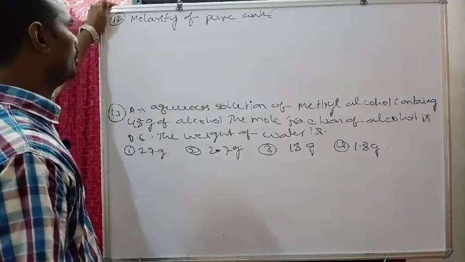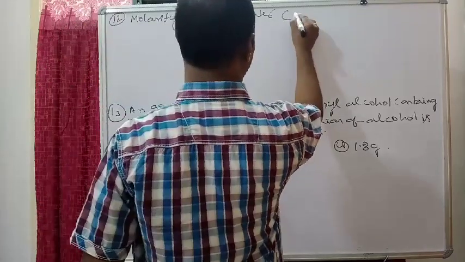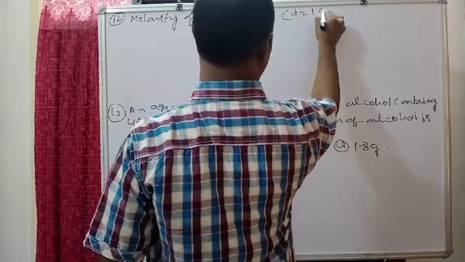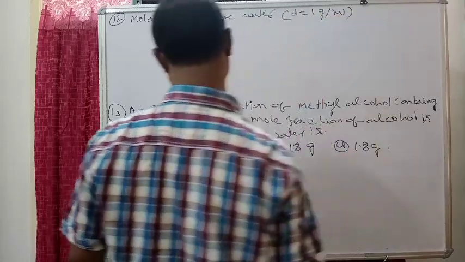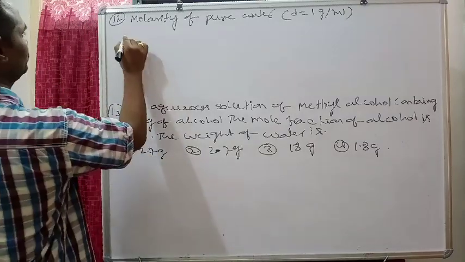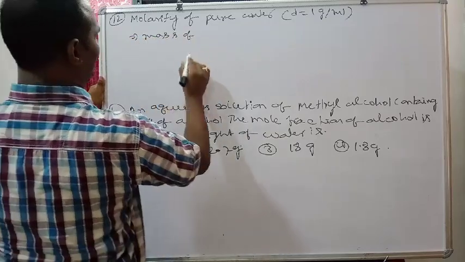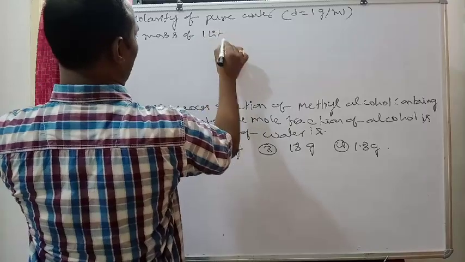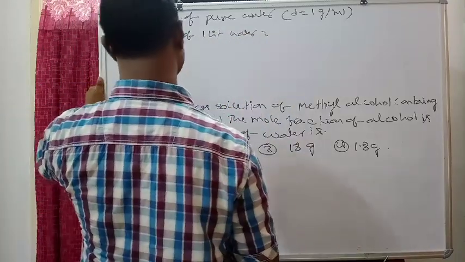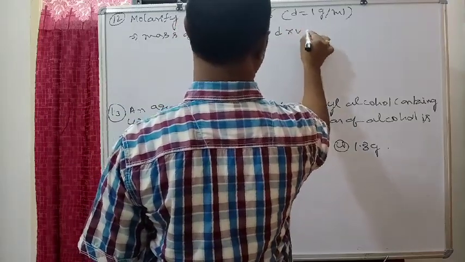Next problem, molarity of pure water. Remember, pure water density at 25 degrees centigrade is 1 gram per milliliter. To calculate the molarity of pure water, you first take the mass of 1 liter of water. Mass is equal to density into volume.